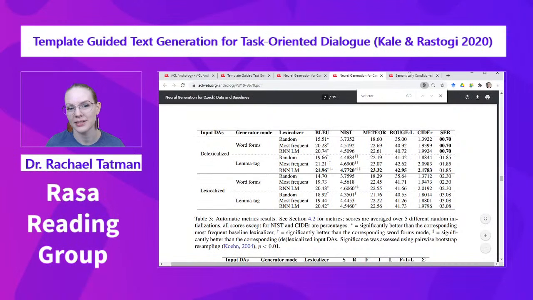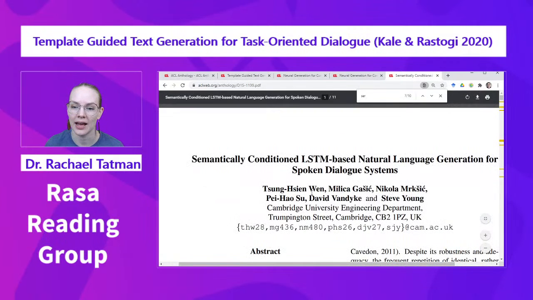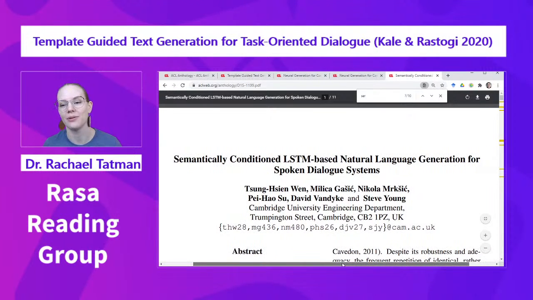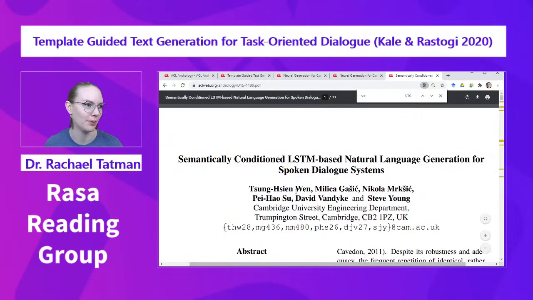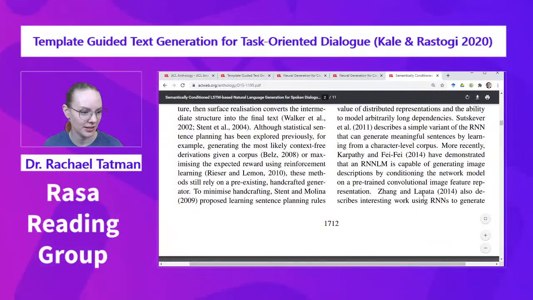And that paper cited this paper for that measure, and this paper is Wen et al., 2015. Semantically Conditioned LSTM-based Natural Language Generation for Spoken Dialogue Systems.